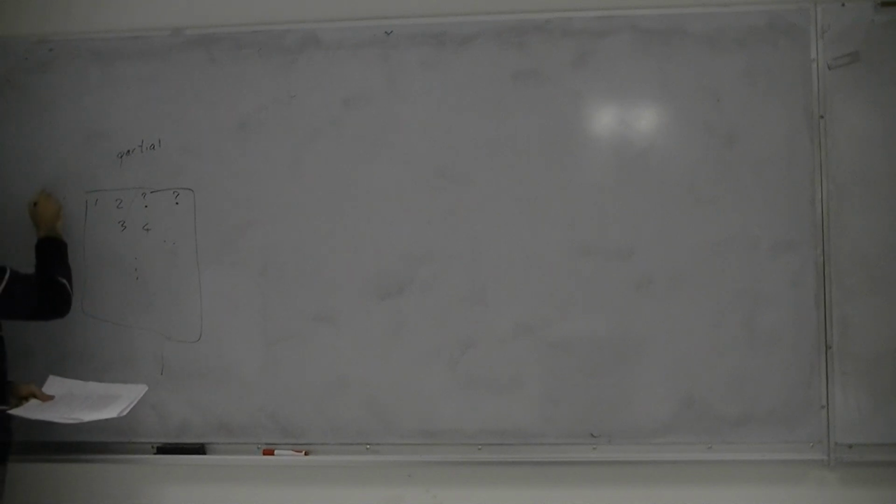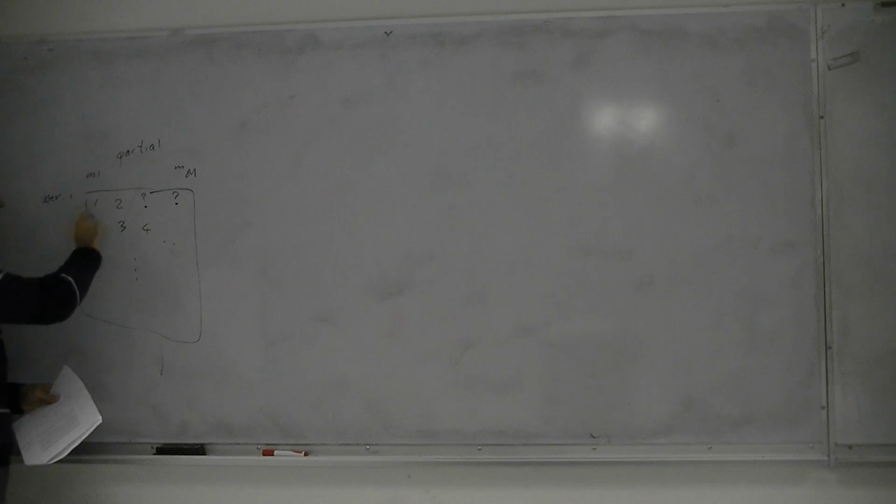The simple case of this matrix is, for example, a voting system, where users, user 1 to user n, can vote for movie 1 to movie M, big M. The number of users is very large and the number of movies is also very large, and no one spends all of their time ranking all of the movies.